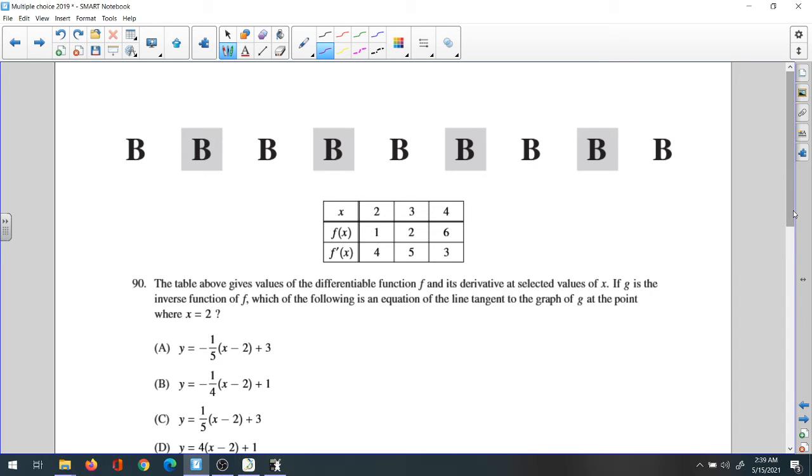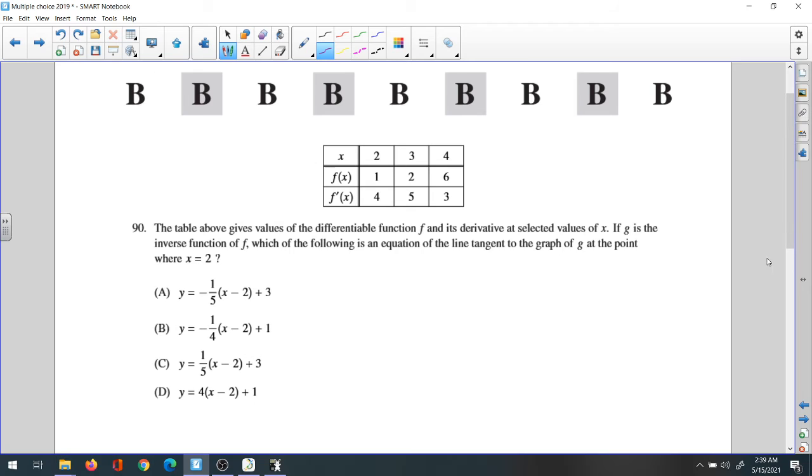Last question. The table above gives values of a differentiable function f and its derivative at selected values of x. If g is the inverse function of f, which of the following is an equation of the line tangent to the graph of g at the point where x equals 2?